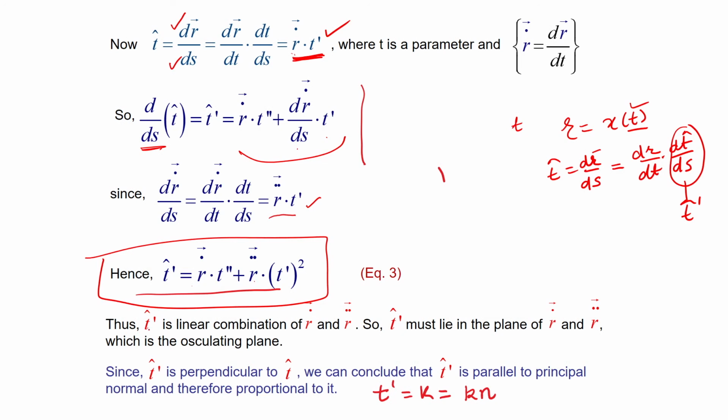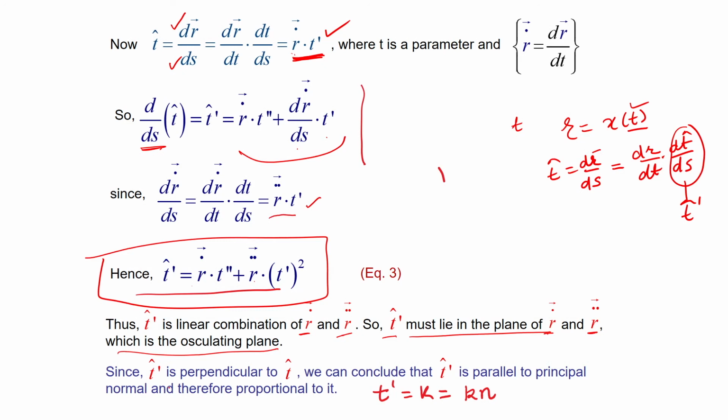So, the meaning of this equation 3 is that t hat dash is a linear combination of r dot and r double dot. t hat dash must lie in the plane of r dot and r double dot, which is the osculating plane, the definition of that.